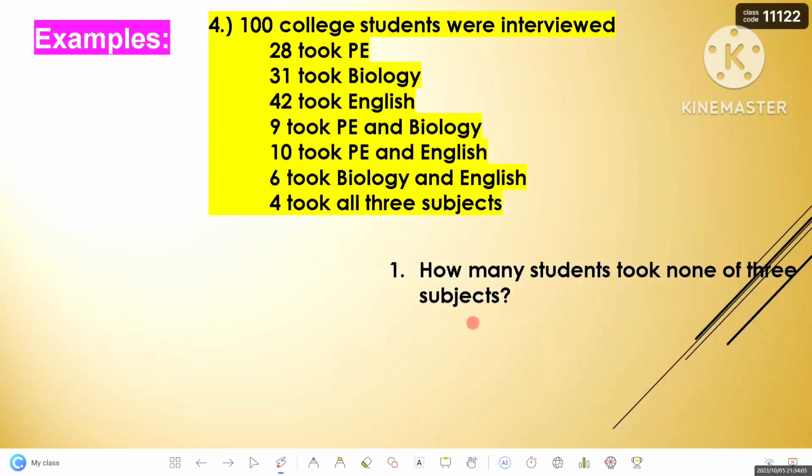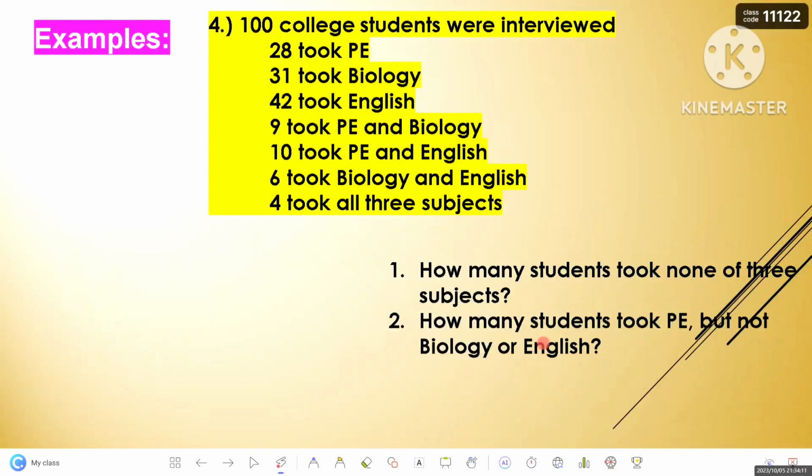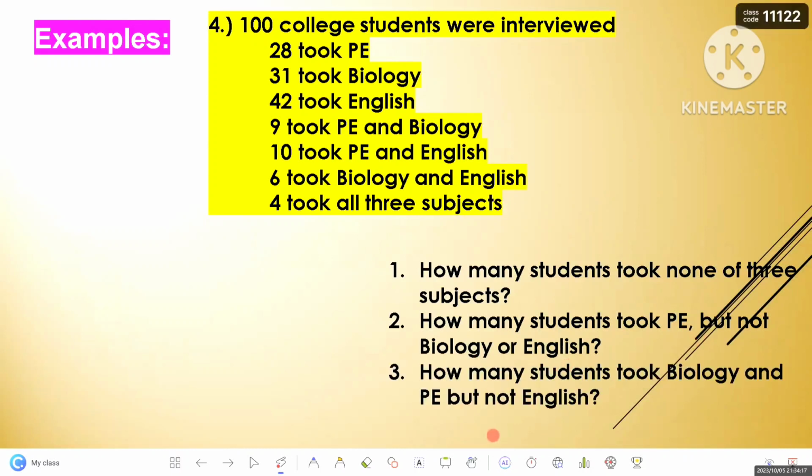The questions are, how many students took none of 3 subjects? Number 2, how many students took PE but not biology or English? And number 3, how many students took biology and PE but not English?